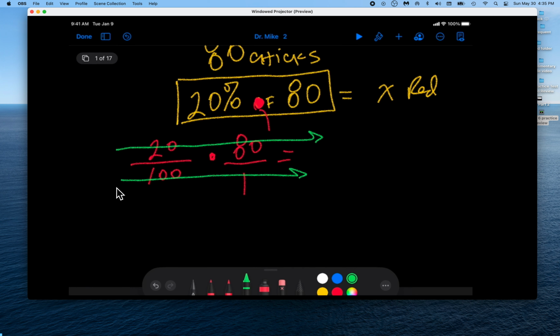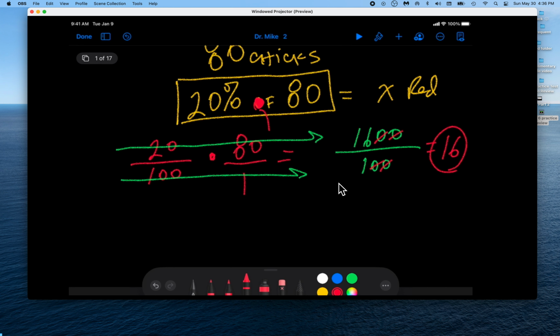So one way to do this is to multiply 20 times 80 and get 1600. Multiply 100 times 1 and get 100. And now you have 1600 over 100. You cross out these zeros and your answer is 16. Okay, that's actually a pretty expeditious way to do this particular problem.